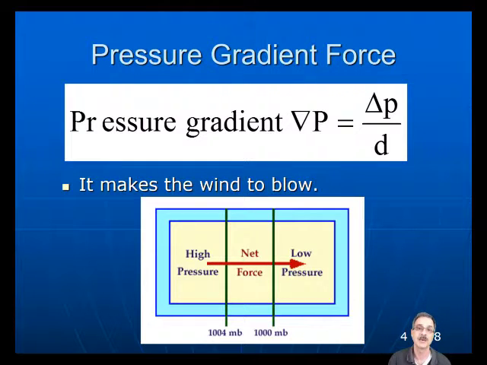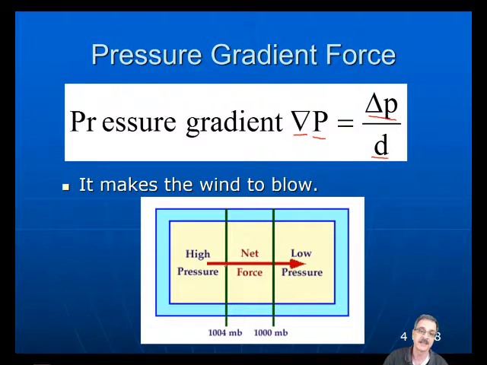So what is a pressure gradient force? Just like we talked about before, if you have a high pressure region and a low pressure region, the air will flow from the high pressure region to the low pressure region. The way we write this is with this upside down triangle here, called a del, or a gradient of capital P, which is pressure, and is equivalent to your change in pressure divided by some distance.